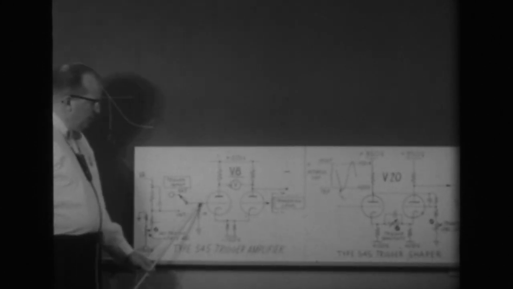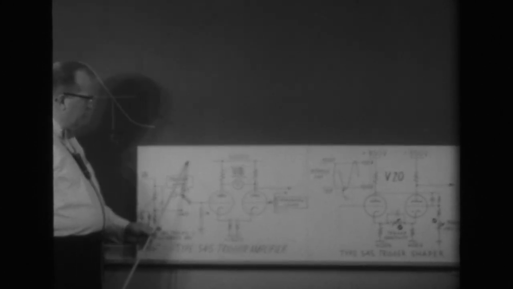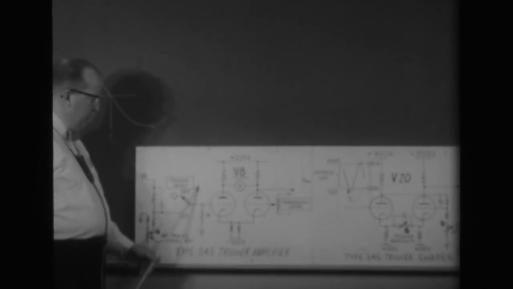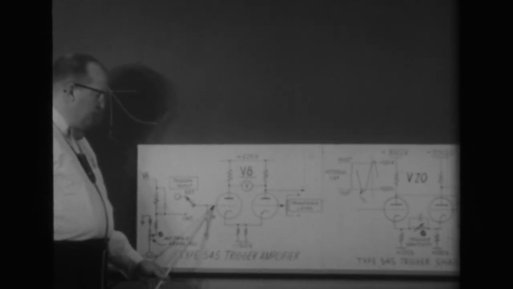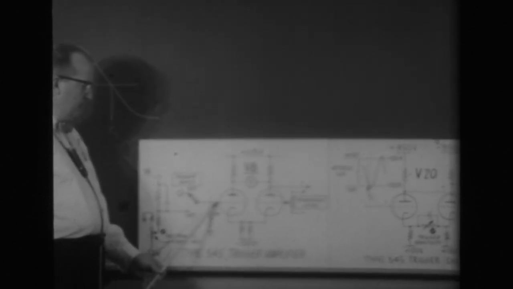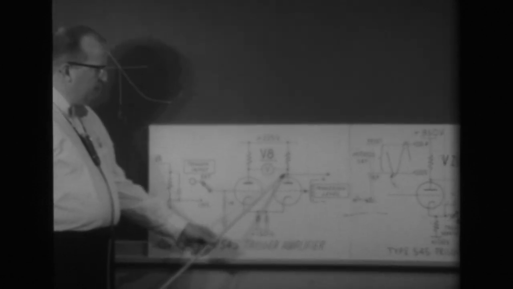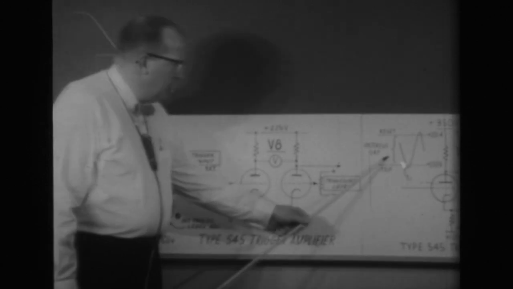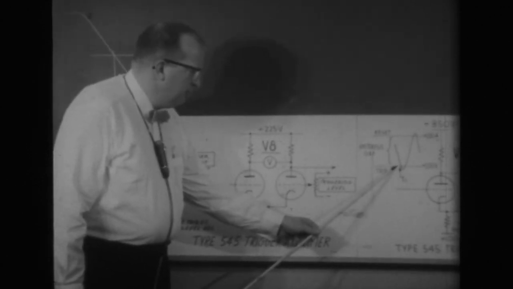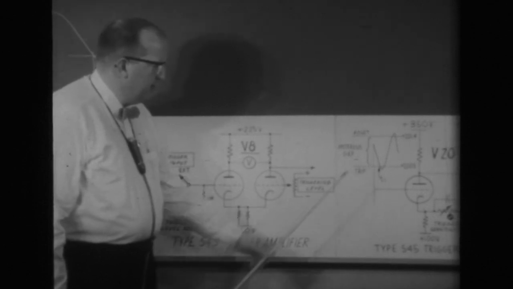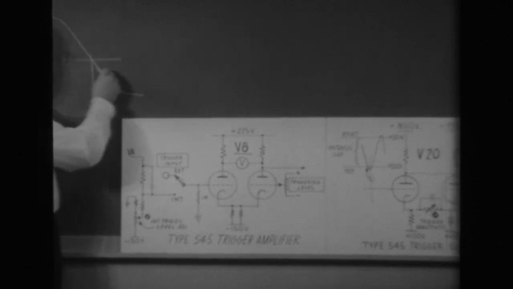Then if the input grid, starting way positive, goes down and just equals plus 10 volts DC, the output plate will just have gone down through the 200 volt trip level of the Schmidt bistable multivibrator. So we can mark our diagram on the blackboard as plus 10 volts.